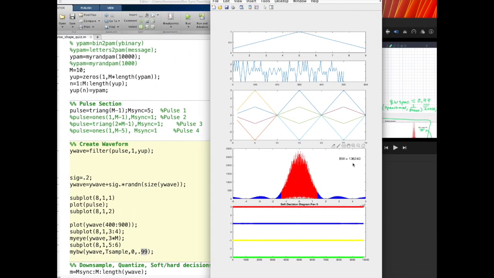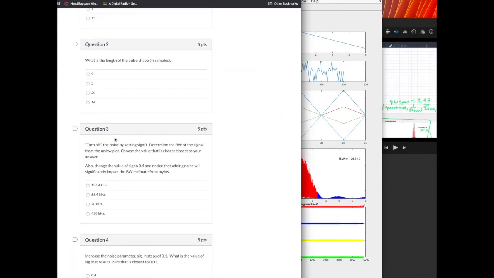So the bandwidth is 136.2 kilohertz. You choose the closest value, and there's some randomness to this. Another time that I ran it was 136.4. So choose the closest one. That would be 136.4.